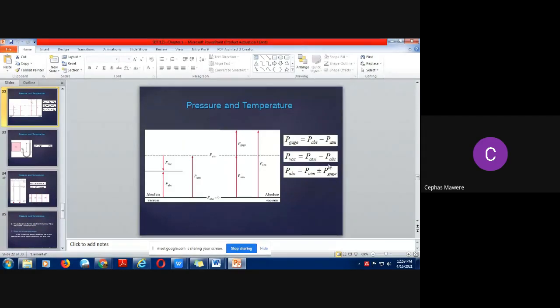Since our pressure is operating under a vacuum, you make absolute pressure the subject of the formula, which means absolute pressure is atmospheric pressure minus vacuum pressure, and you have your answer in that regard.